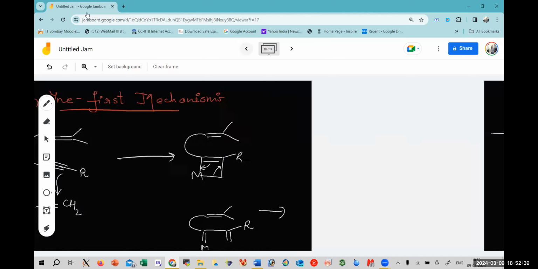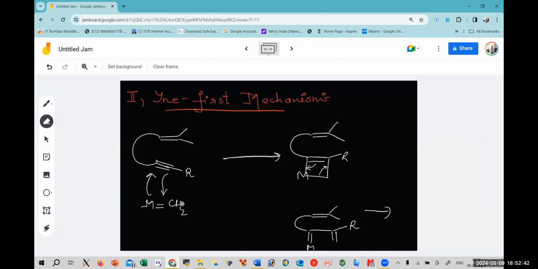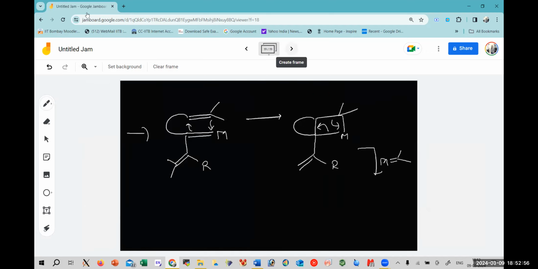Here we can consider the same kind of moiety, so it would regenerate the same thing. And here we will be getting a closing of the ring. This is the release, and it will form R double bonded this way.